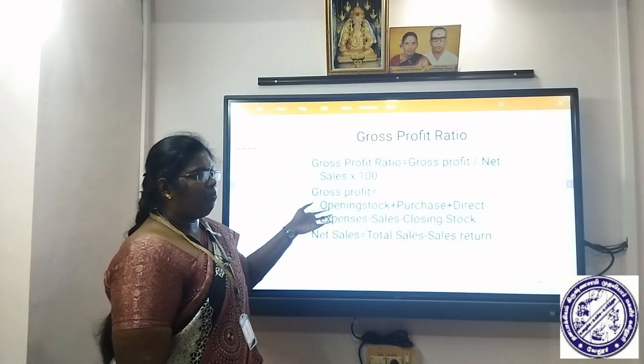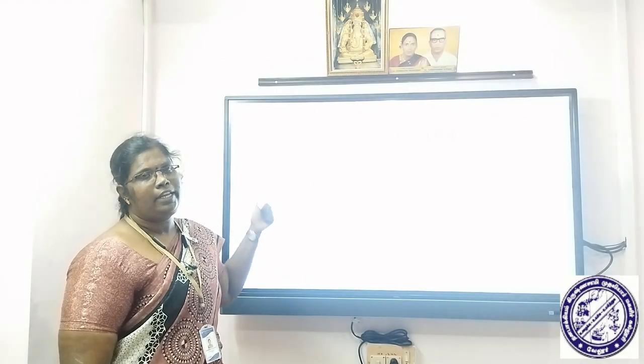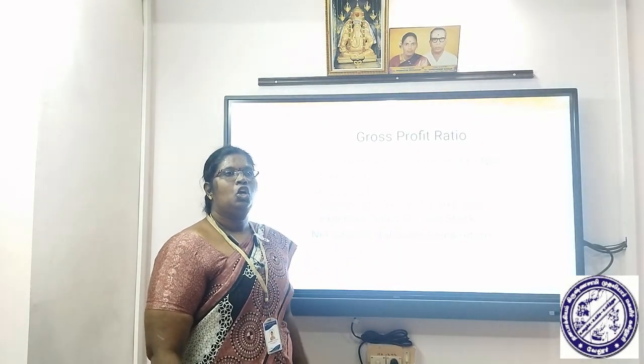Next we have to see what the gross profit ratio is. You have to calculate the gross profit by using the trading account. So you already have to know the format of a trading account. What is the debit side? To opening stock, to purchases less purchase return. The credit side is by sales less sales return, closing stock.